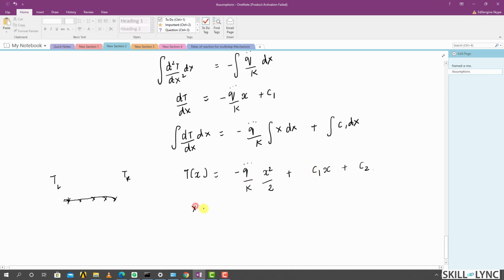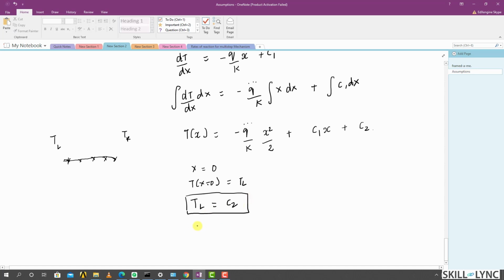So when x is equal to 0, we know that the temperature is equal to TL. If you take this and solve it, you essentially get the equation T left is going to be equal to C2, right? So that's a straightforward result.